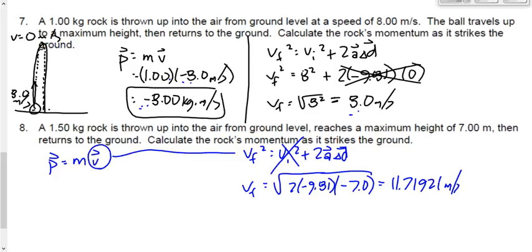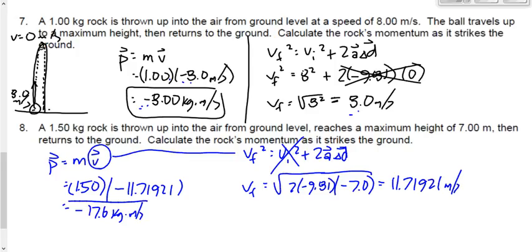So let's say this is 1.50 kilograms times negative 11.71921, and it gives us negative 17.6 or 17.6 down. Good.